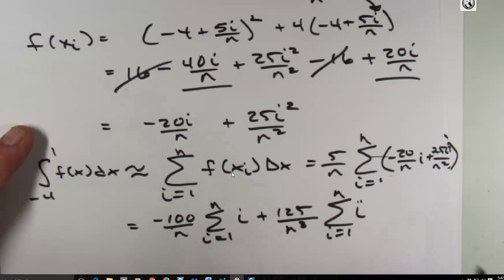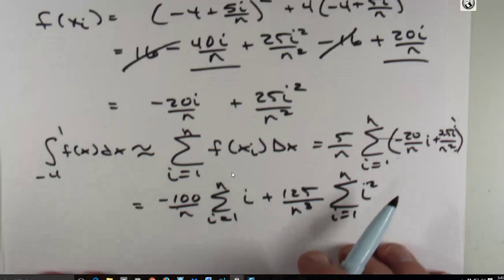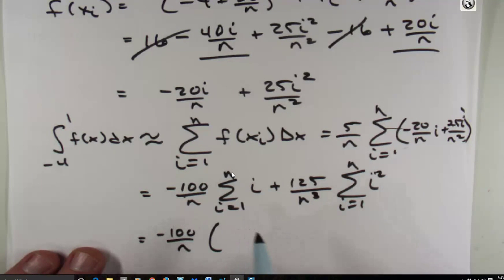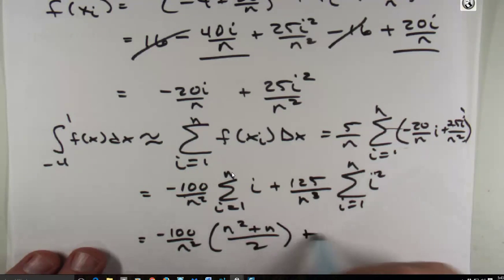Wait, hold on. That's i squared. Sorry, that's on me. All right, now if my memory is correct, this is minus 100 over n squared times, wait, there's an algebra mistake. This is n squared, n squared. n squared plus n over 2 plus 125 over n cubed.